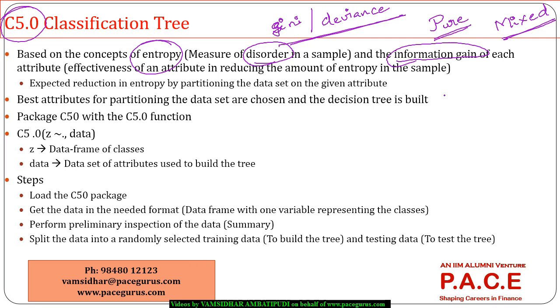And by doing a split, the extent to which the entropy has come down is what is called information gain. So initially the entropy is computed without the split, and based on one particular split, let's say based on the runs, I'm doing a split. After doing the split, to what extent has the entropy actually come down? The extent to which entropy has come down is an indication of information gain.